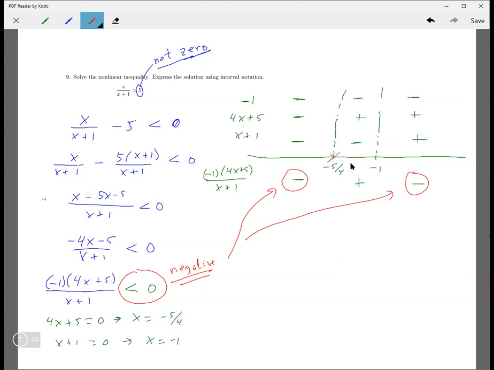And the endpoints are not going to be included because it can't be 0. And even if it were less than or equal to 0, then you wouldn't include the negative 1 either, because that would give you a 0 in the denominator, which doesn't work. But the negative 5/4 would be included. But anyway, it's not there, so it doesn't matter.